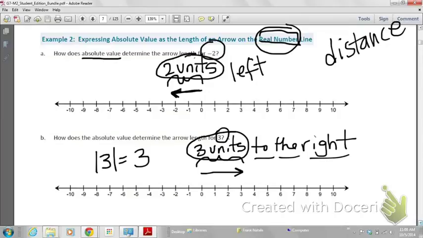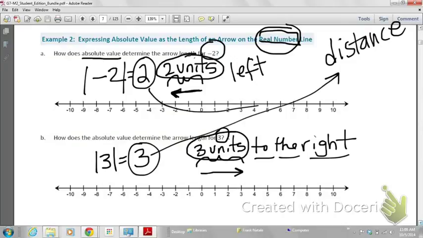And if you know the absolute value sign, those 2 lines on either side of the number, up here it's negative 2 with the absolute value, and that equals 2. These 2 both refer to distance, distance from 0 on a number line.